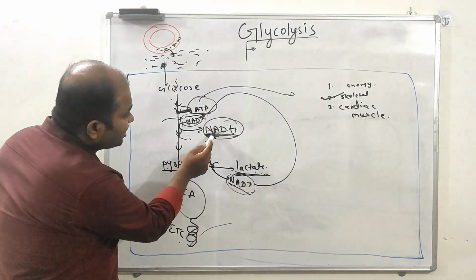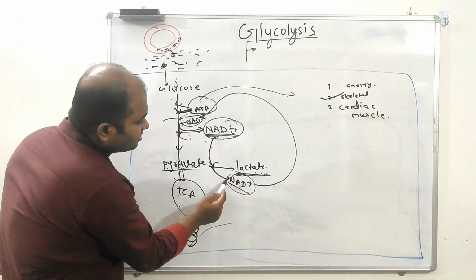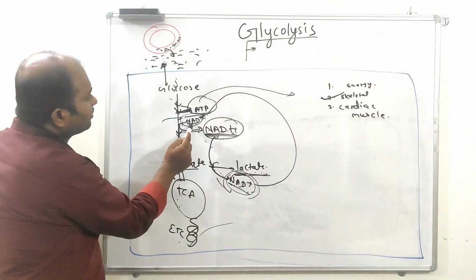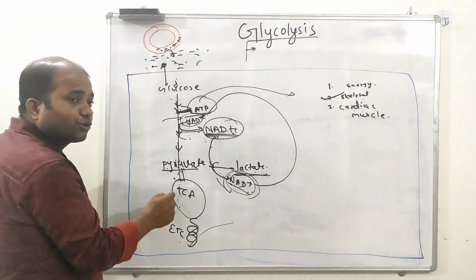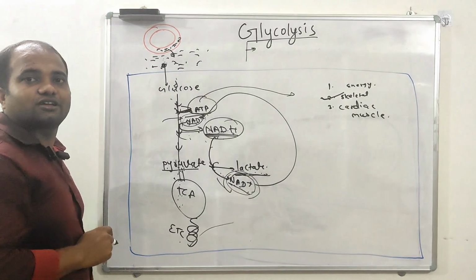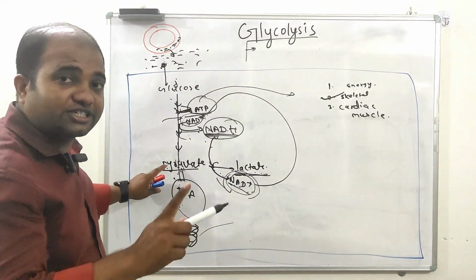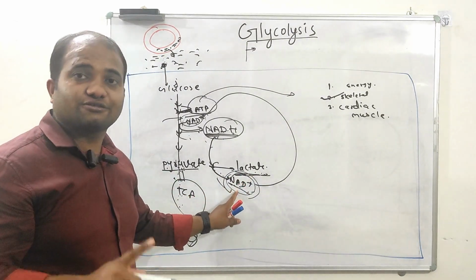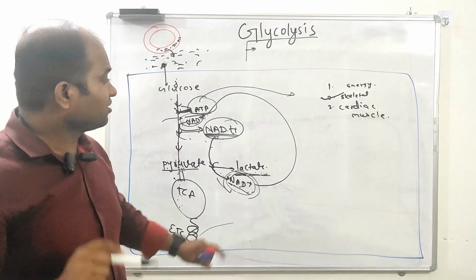NADH is produced here and utilized here, NAD plus is formed, and this NAD plus goes back and helps the cycle not to stop, to keep running. So in skeletal muscle, glycolysis will not stop. It will run because everything is converted into lactate and NAD plus is free. Am I right? Most students get confused, right?